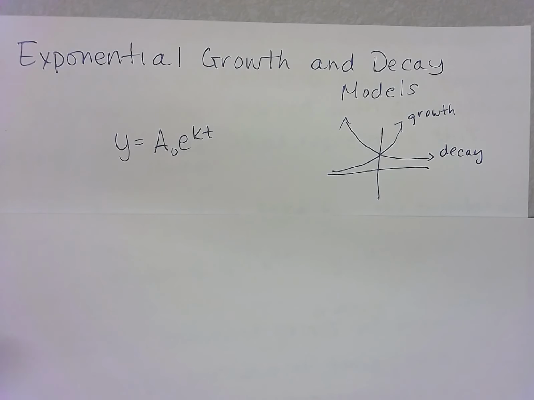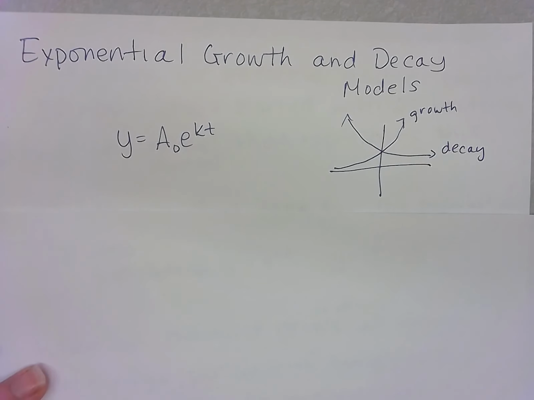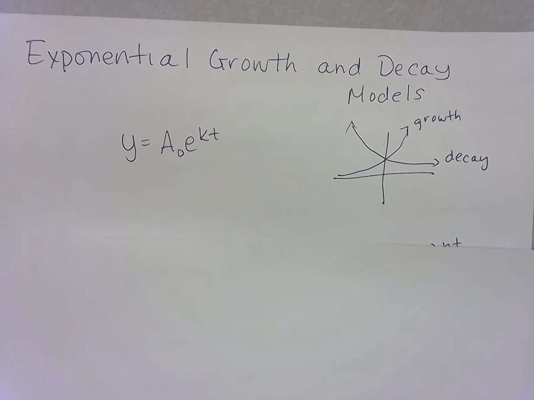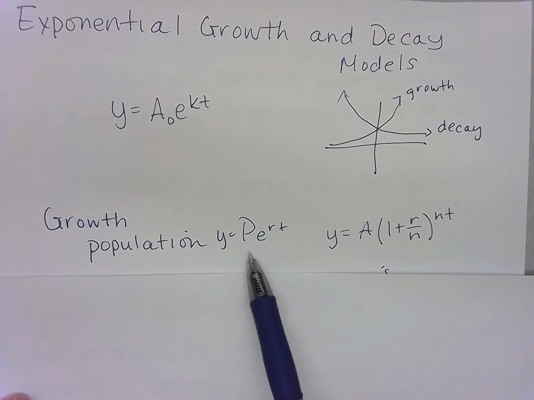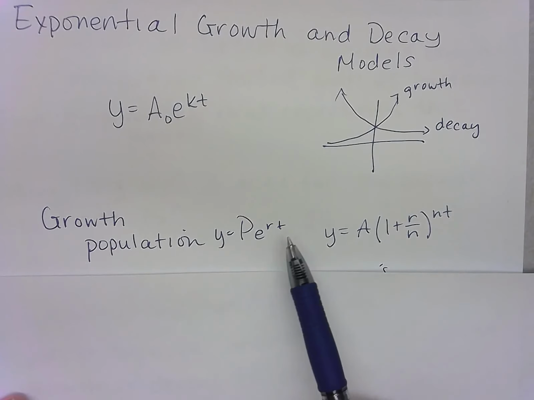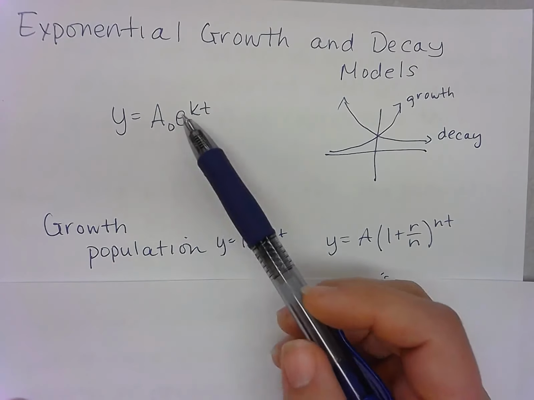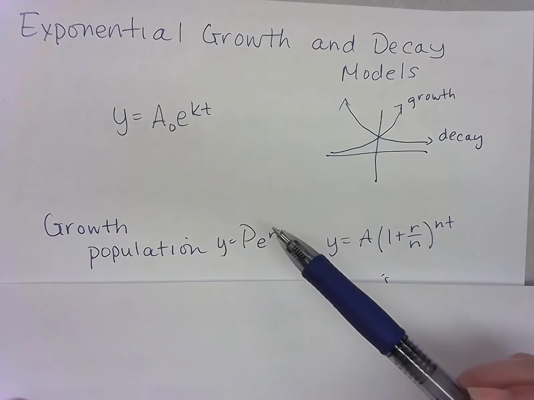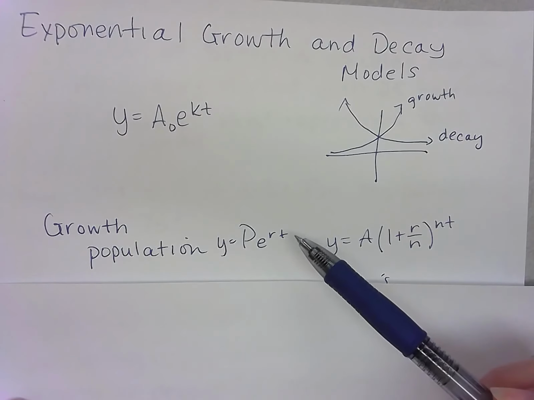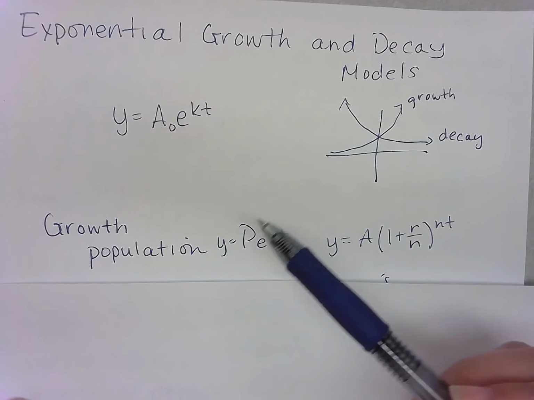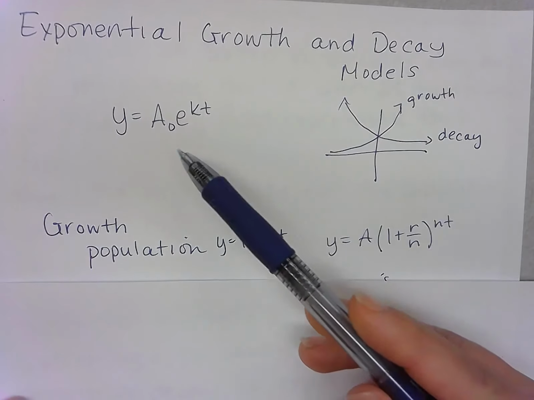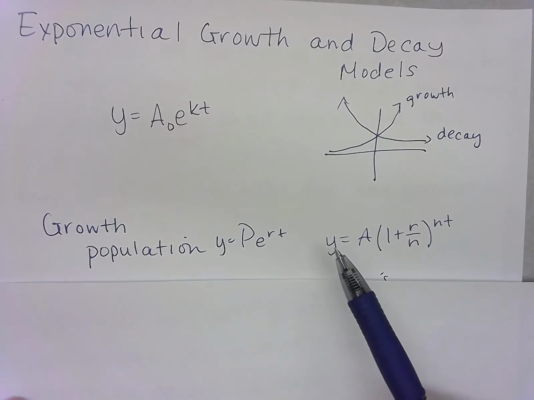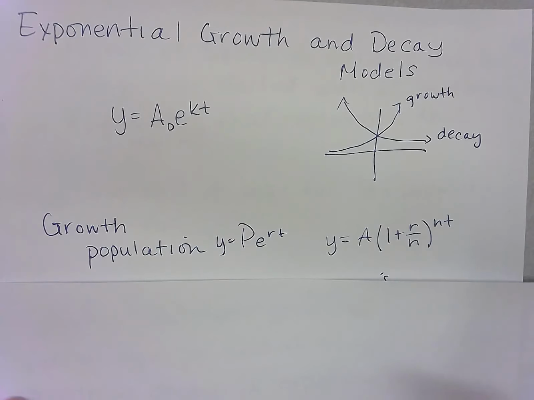So one of the biggest ones that people use a lot are these exponential growth and decay. Basically, we've already seen this, right? The PERT, that's for continuous growth, and really this is the same thing. Usually we use this one specifically when it comes to investing money. This one we're just using as it's still considered continuous growth. And then this was the one that we used for compounding.